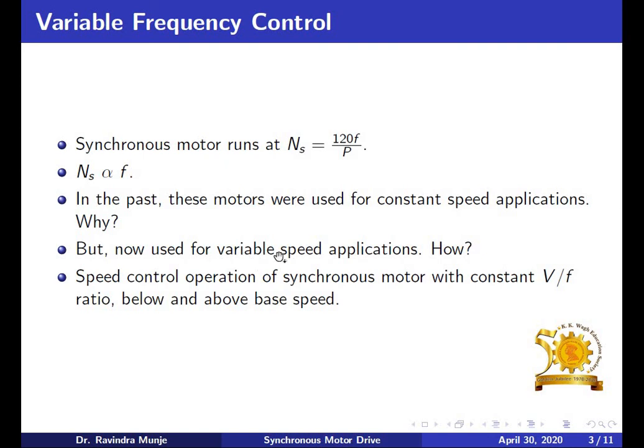Now for speed control operation of synchronous motor, it is operated with constant V/F ratio below base speed. That is, for speed control below base speed, V/F ratio is maintained constant. However, this ratio is increased at low speed to compensate for the stator resistance drop with constant pullout torque.